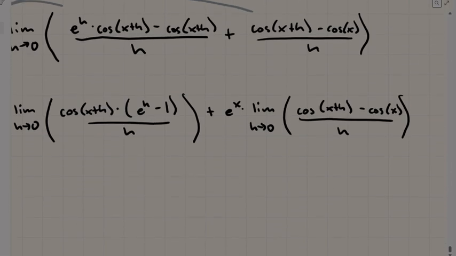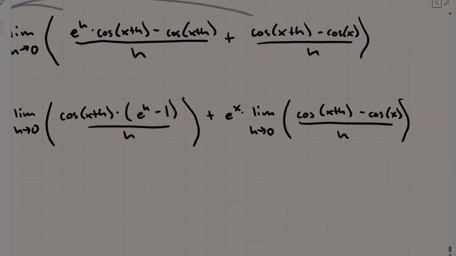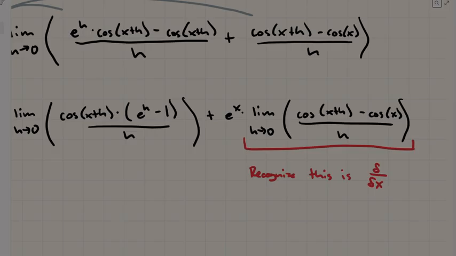All right. Just like last time, we recognize that this is the derivative of cosine of x.